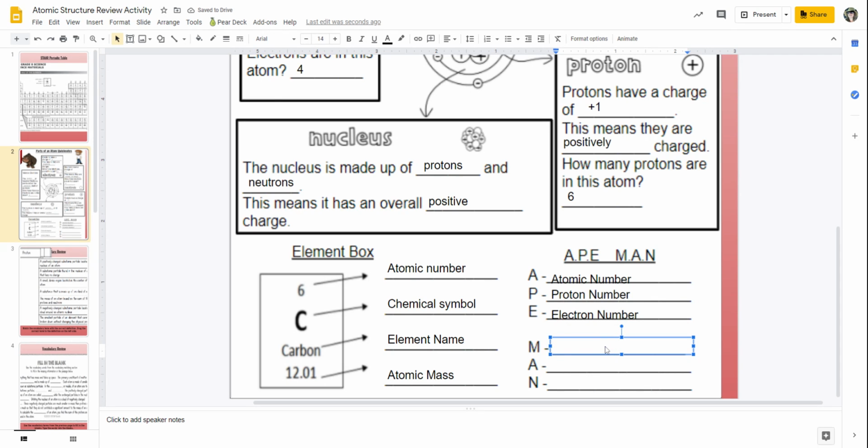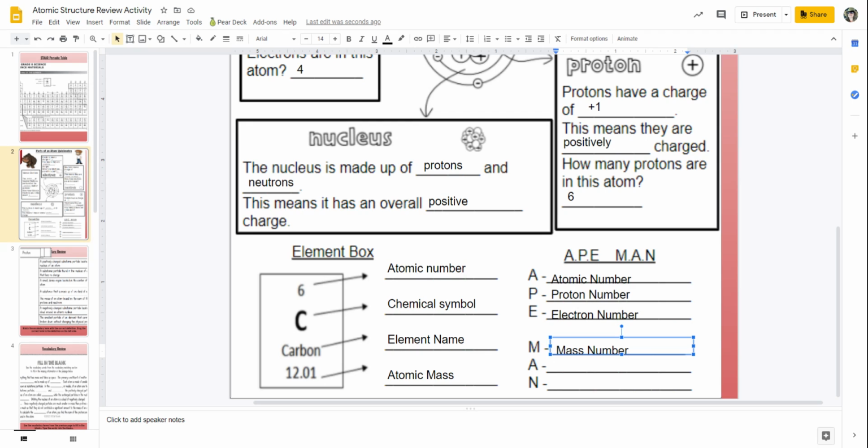And then we have man. So man, actually the M stands for mass number, which is just the atomic mass rounded. So we use mass, the only time we use it is to find the N, the neutrons.